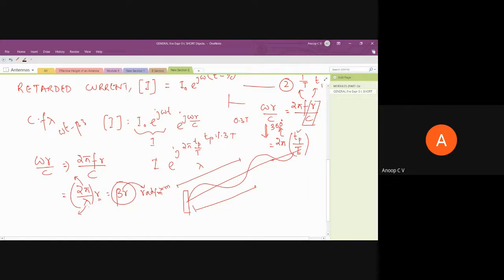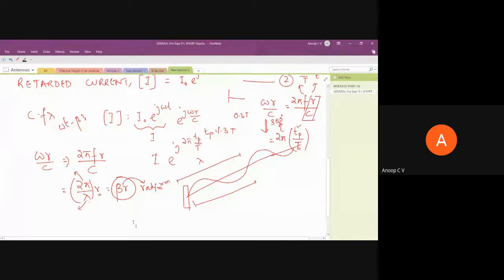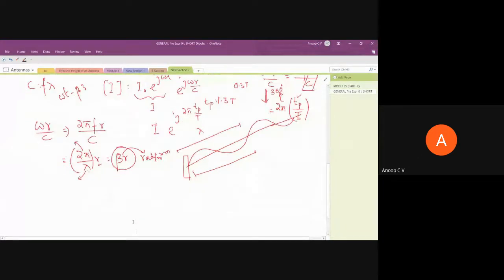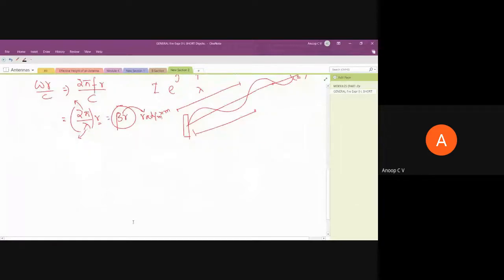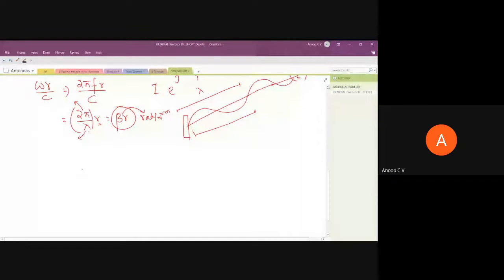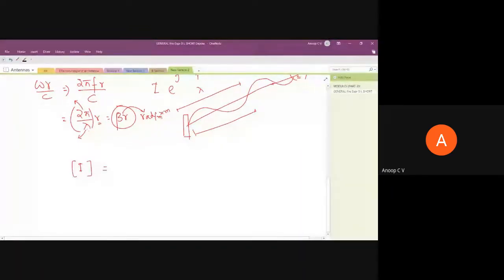The key takeaway from this should be that the propagation takes finite time, so I should use retarded current or whatever the quantity is. If I'm using voltage, retarded voltage; if I'm using current density, retarded current density; if it is charge density, retarded charge density.